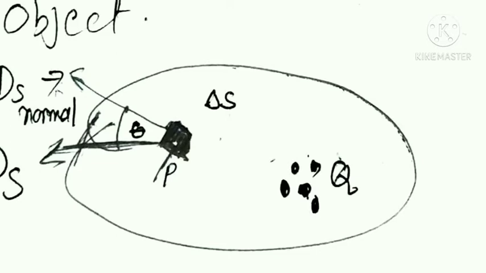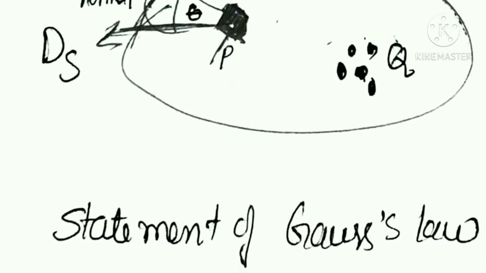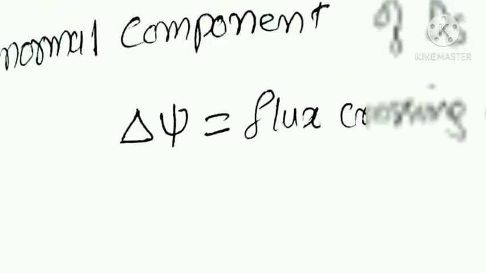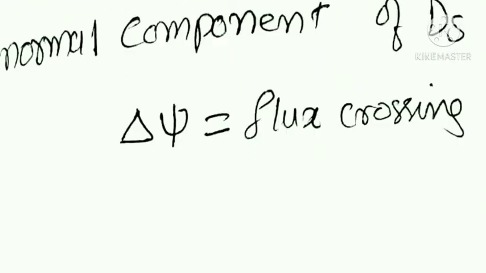That flux we call by the name delta psi. Psi is the symbol of flux. So delta psi is the amount of flux which is linked to the surface delta S.